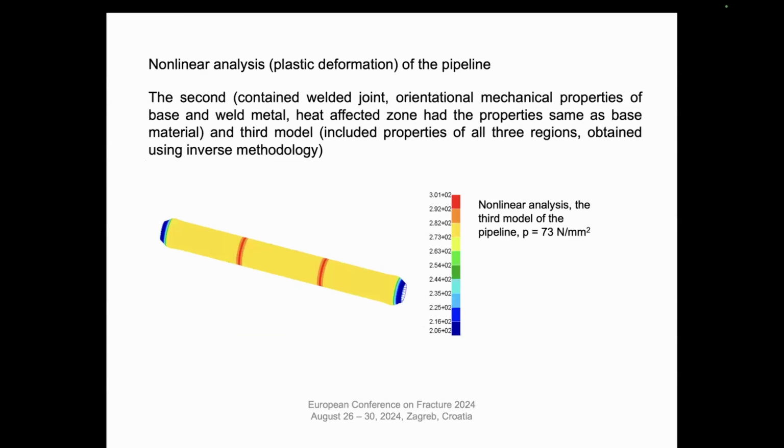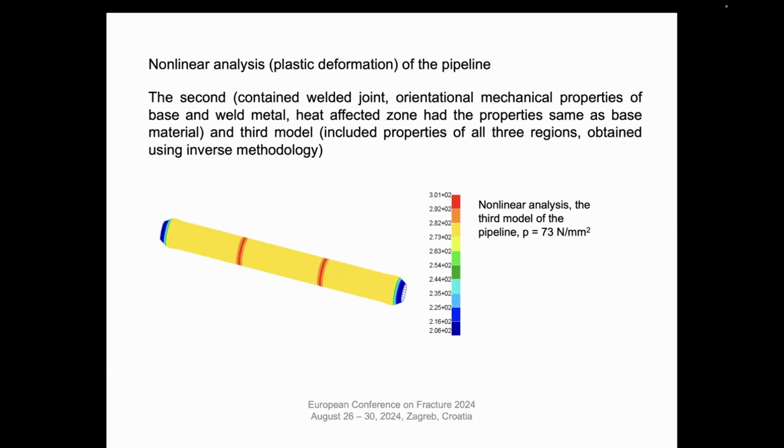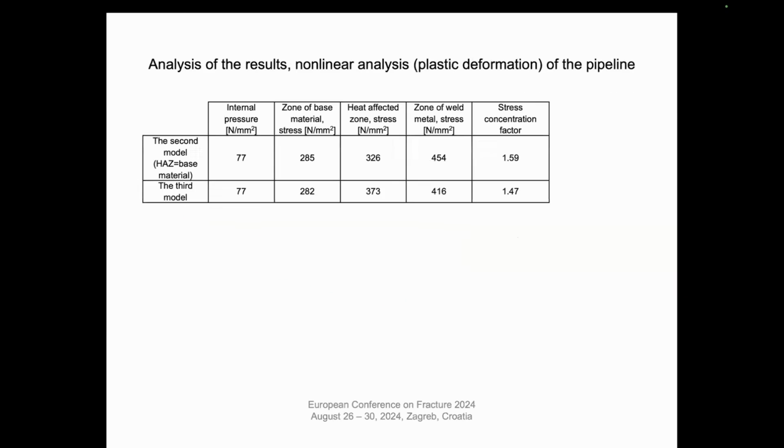This is the first one. Those are the results. You can see a pressure that causes plastic deformation, and this is a model that includes welded joints. As you can see, this line is weld metal, and it has the highest strength, so stresses are highest in that zone, as expected.